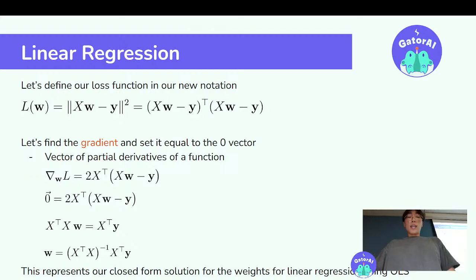So you can see how the algebra works out here. And this represents our closed form solution for the best weights, best in terms of mean squared error for linear regression, which is ordinary least squares.